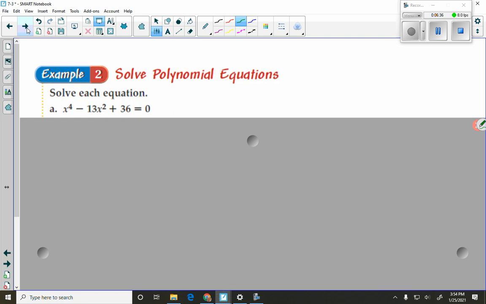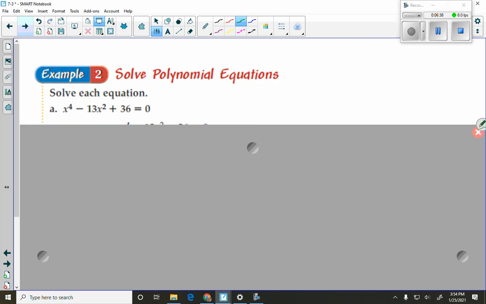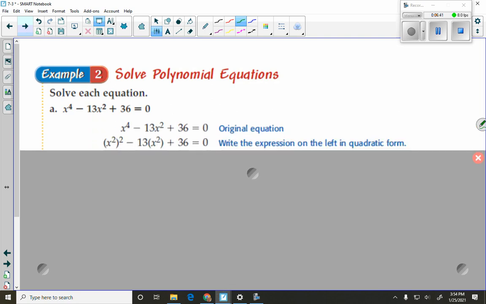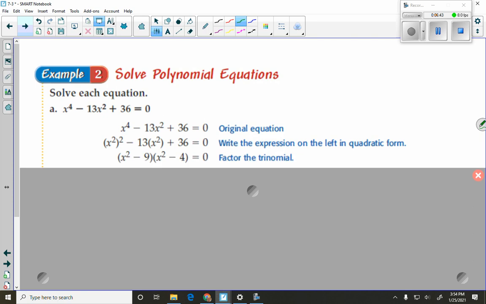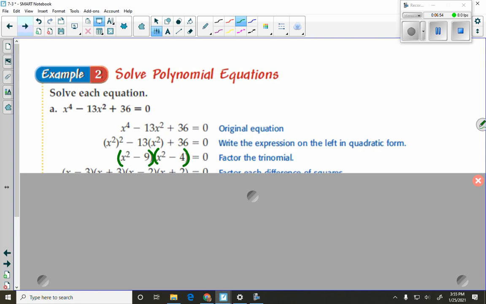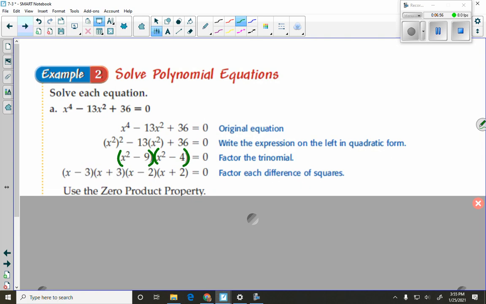Okay? So then when you solve these equations, if it can be written in quadratic form, you can solve it any way you want. So maybe I want to take this trinomial and factor it into this x squared minus 9 times x squared minus 4. Well, x squared minus 9 can be factored to an x plus 3, x minus 3, and this x squared minus 4 can be an x minus 2, x plus 2.